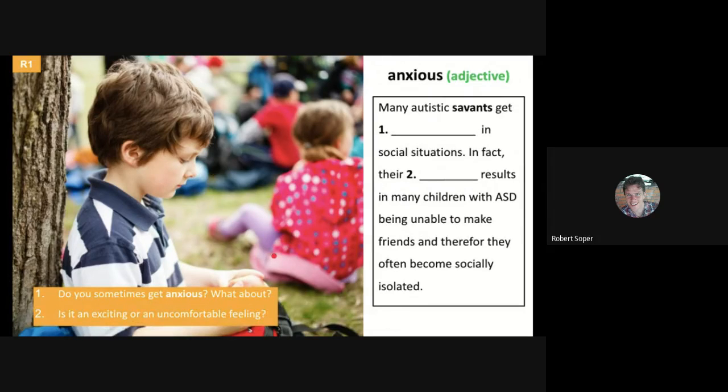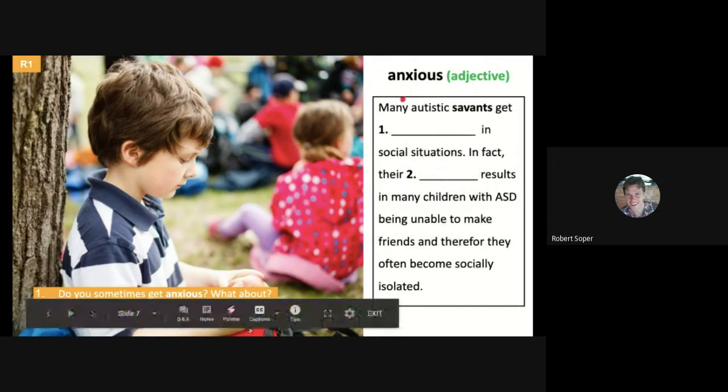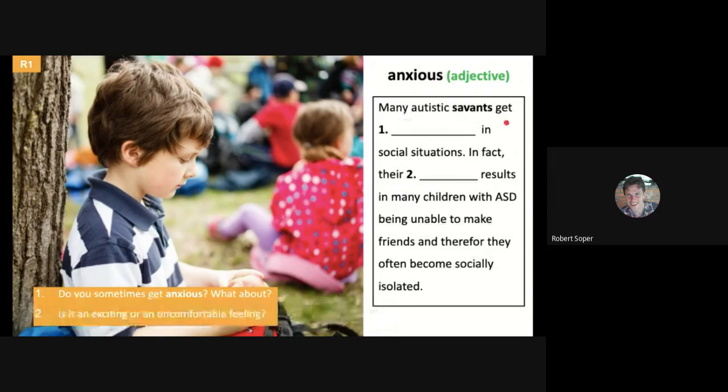Good. Let's go through the answers together. So, many autistic savants get anxious in social situations. So here the correct form was anxious, keeping it as an adjective. That was correct.